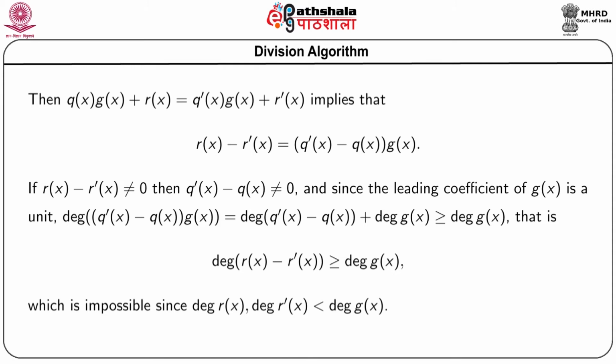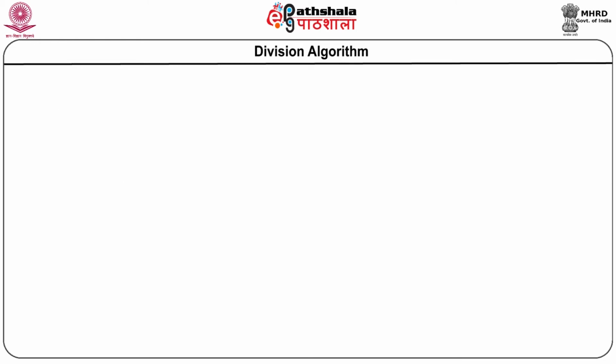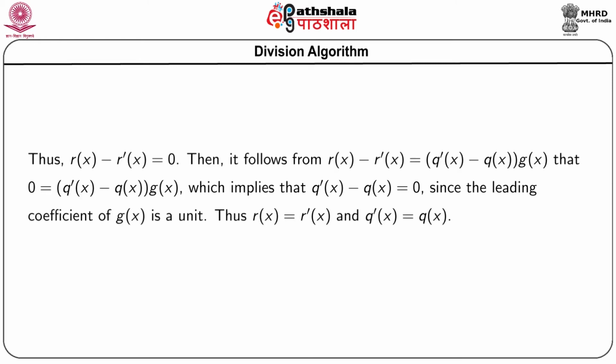our hypothesis that R(x) minus R'(x) is not equal to 0 is wrong, and it follows that R(x) equals R'(x), which again implies that 0 equals (q'(x) minus q(x)) into g(x), which implies that q'(x) minus q(x) equals 0.